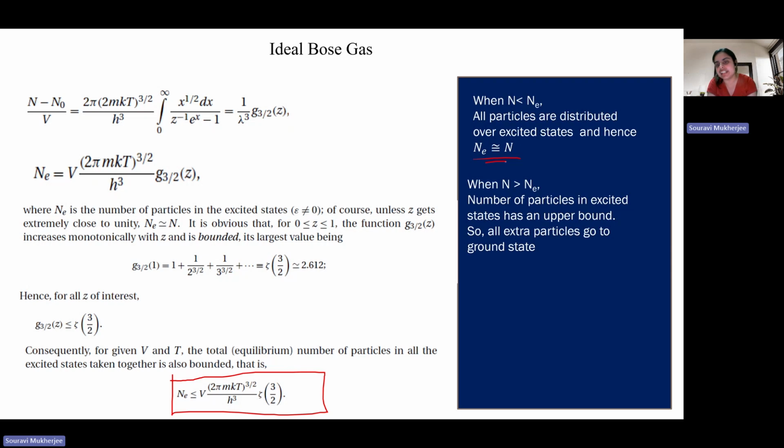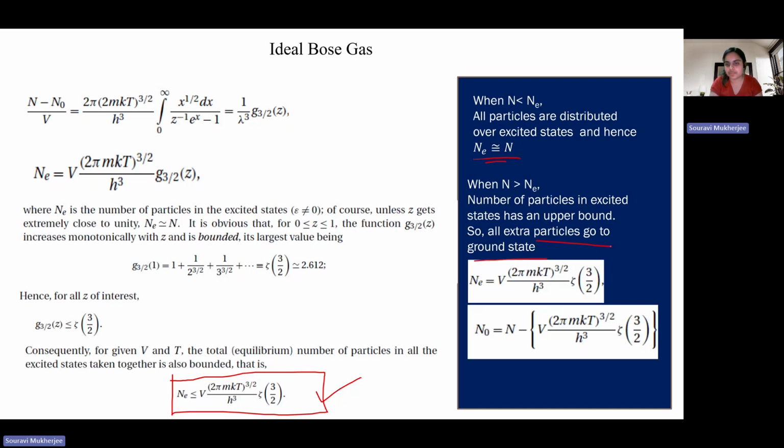When N is greater than Ne, what happens? Now there is an upper limit to how many particles can be in the excited state, so whatever extra you have should go into the ground state. All extra particles go into the ground state.